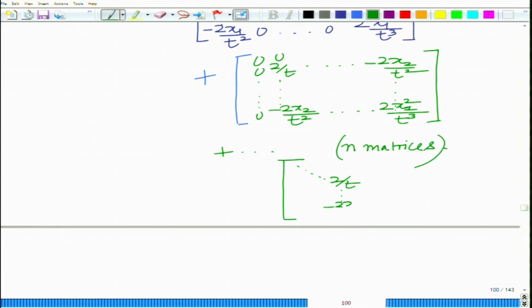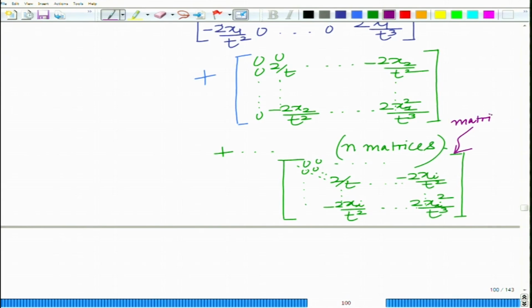This will be minus 2 xi over t square, this is n plus 1 comma I. Similarly, here you will have minus 2 xi over t square, and the n plus 1 comma n plus 1 element will be 2 xi square divided by t cube, and the rest are all zeros.